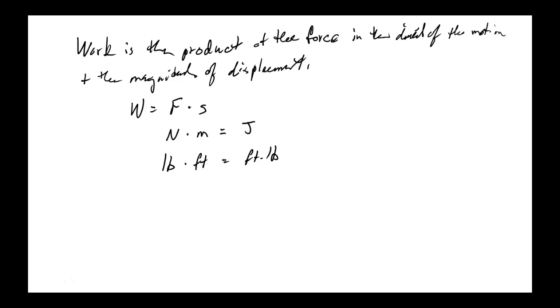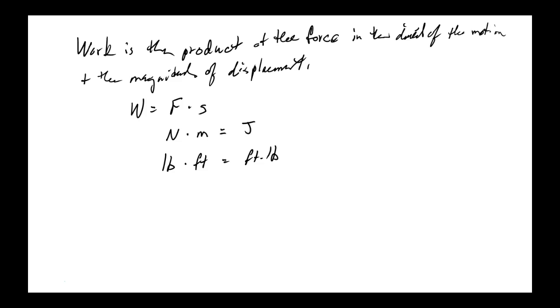That's a twisting force, which is actually a vector, whereas work is a scalar. Even though force is a vector and displacement is a vector, this is called a dot product. You multiply two vectors together with a dot product, you get a scalar number. Work is a scalar quantity, not a vector quantity, whereas torque is a vector quantity.